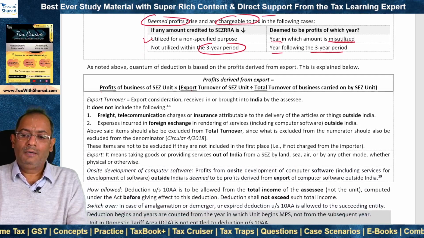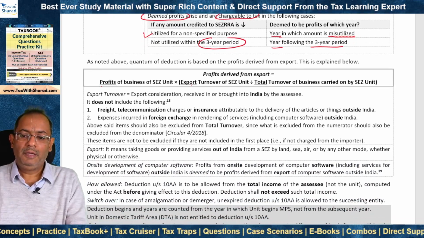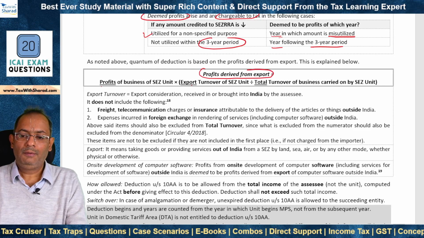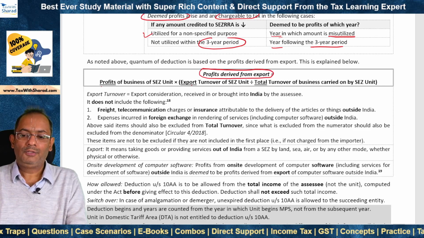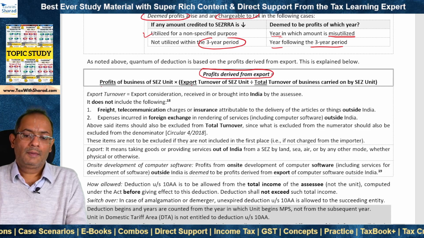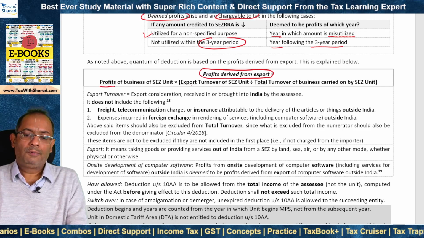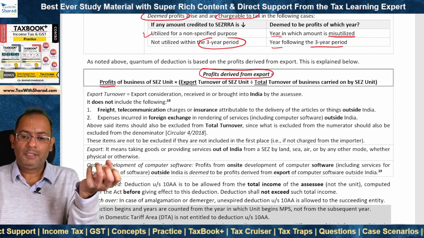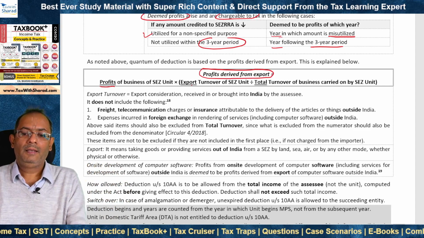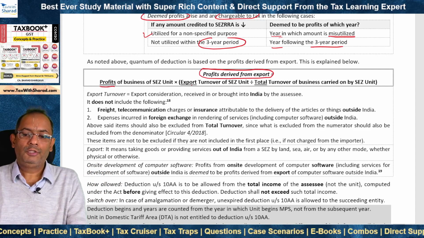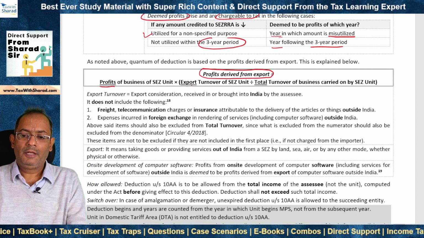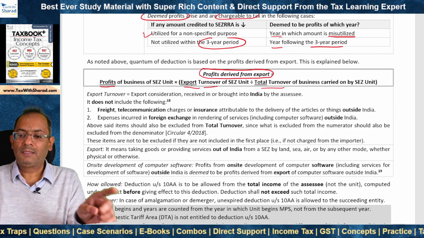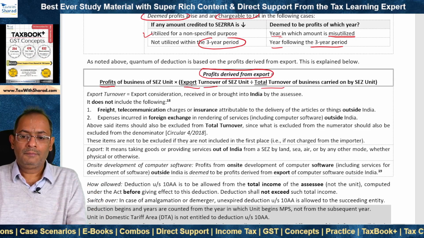Now, as we noted above, the deduction under Section 10AA is based on the quantum of profits derived from exports. So this is an important amount that needs to be computed. First we need to calculate the profits of the business of the SEZ unit, and then we need to apply a ratio to this profit. What is the ratio? The ratio is export turnover of the SEZ unit to the total turnover of the business carried on by the SEZ unit.